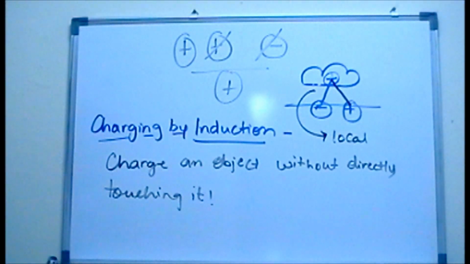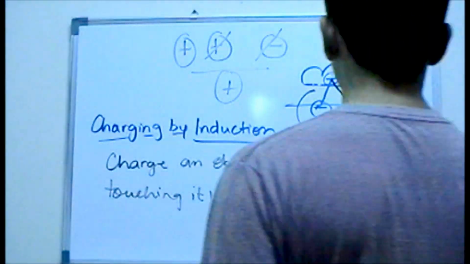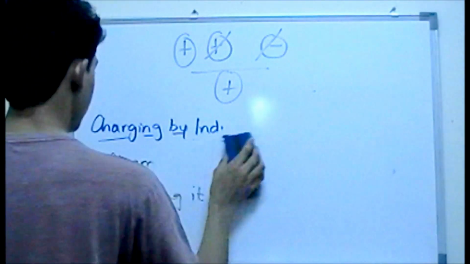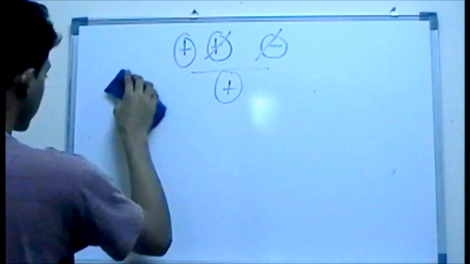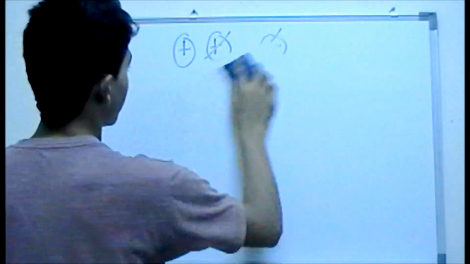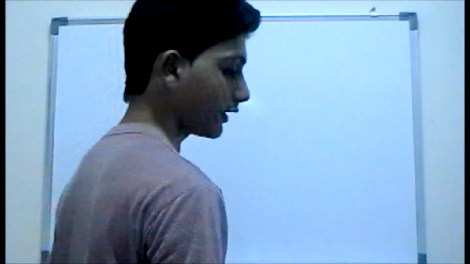The third way is charge polarization. Charge polarization is simple: a substance has positive and negative charge at its ends. A good example is a magnet, which has negative charge at one end and positive charge at the other. Another good example is water. If this is the water, there is negative charge at one end and positive at the other.